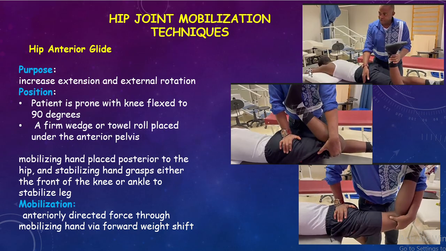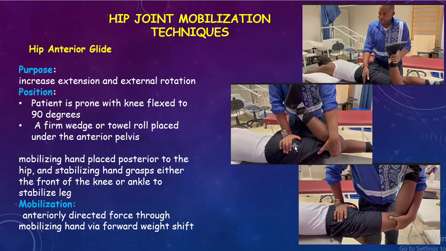Then the therapist will deliver his body weight through his shoulder, through his elbow, the palm of his hand on the head of the femur in a tick-tock manner, in an oscillatory manner. You can use 1 oscillation per second or 2 oscillations per second for 1 minute or for 30 seconds as the patient's condition dictates.